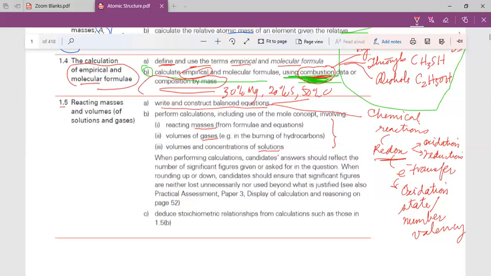All metals, because they donate electrons. Group 1, group 2, group 3, and even your transition metals. They are all electron donors, so they are all reducing agents.